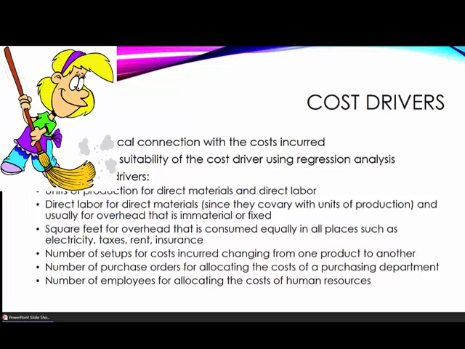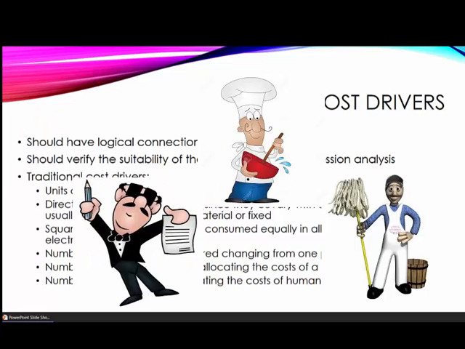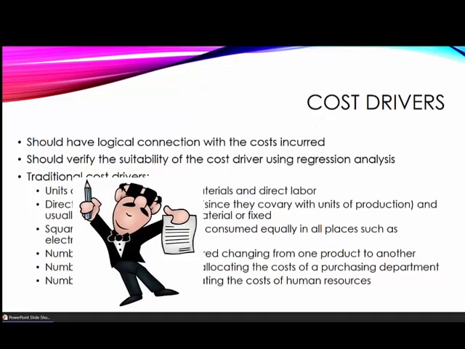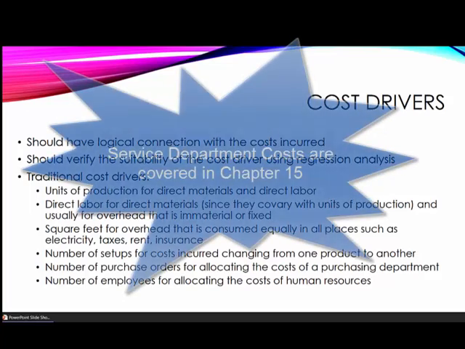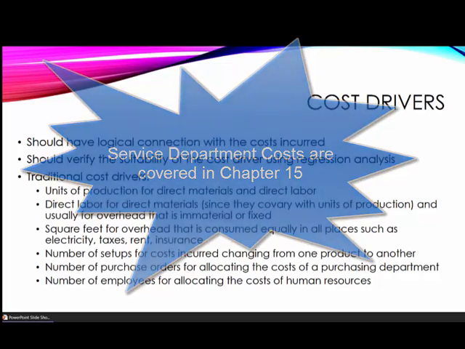Number of employees for allocating human resources. So I have a human resource department. I need to allocate the cost. Now this, of course, is a period expense, and we're getting out of inventoriable costs, but we still want to allocate the human resource costs out for our full cost measures.